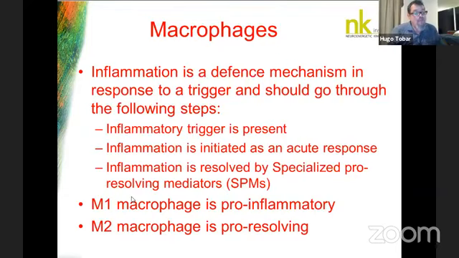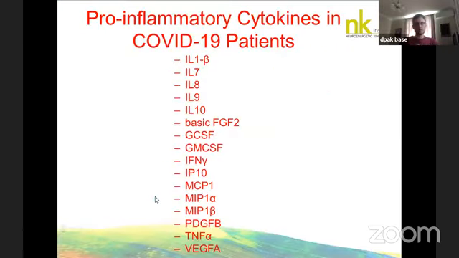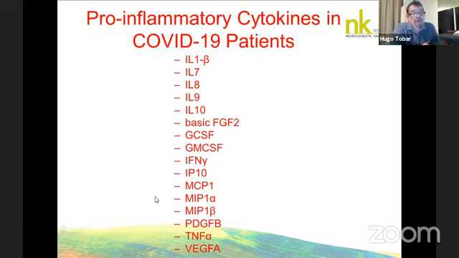Whereas the M1 macrophage is producing cytokines, which are proteins, which are pro-inflammatory. So the pro-inflammatory cytokines, like a friend of mine sent me a paper very early on, and it actually listed that these cytokines were found in high levels in COVID-19 patients.